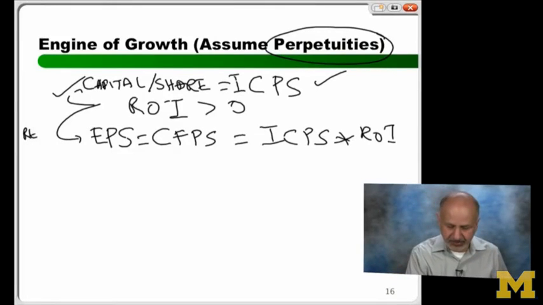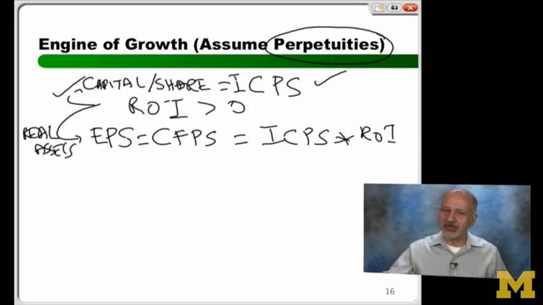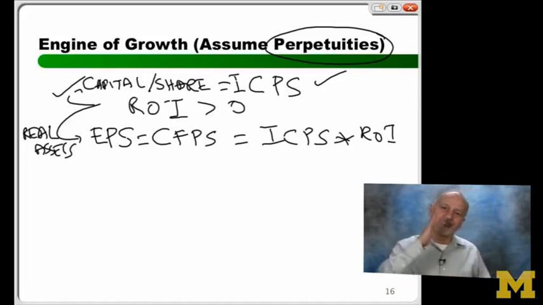Assets. Real assets. In generating these cash flows, do you ever go to the liability side, or do you remember MC Hammer? Can't touch this. Can't touch this. Okay? So remember, the cash flows have nothing to do with the financing.